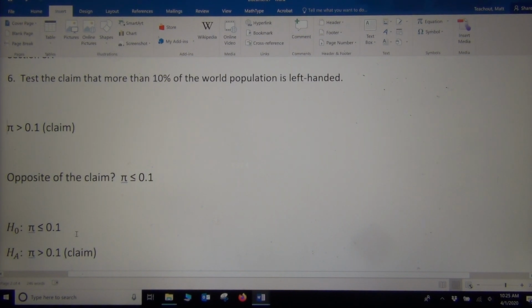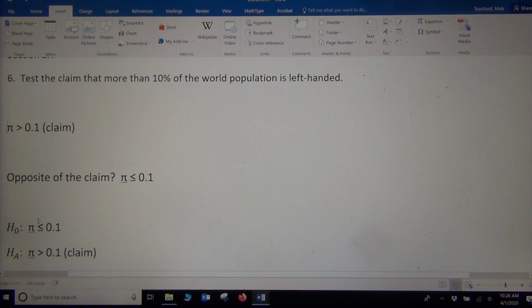Now here's where it gets a little bit tricky. Most people in stats do not like writing less than or equal to. Some stat teachers are okay with it, but a lot of people in stats and data science actually do not like to write less than or equal to as the null. They actually prefer to just change this to always equal to.